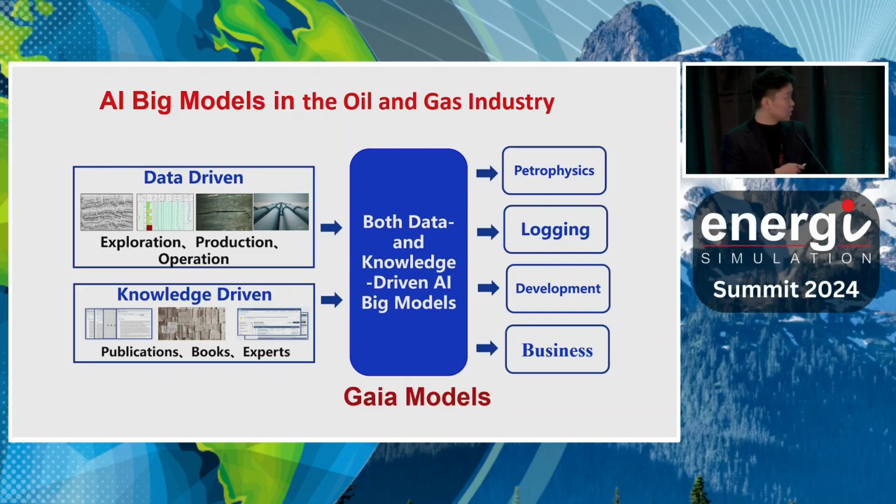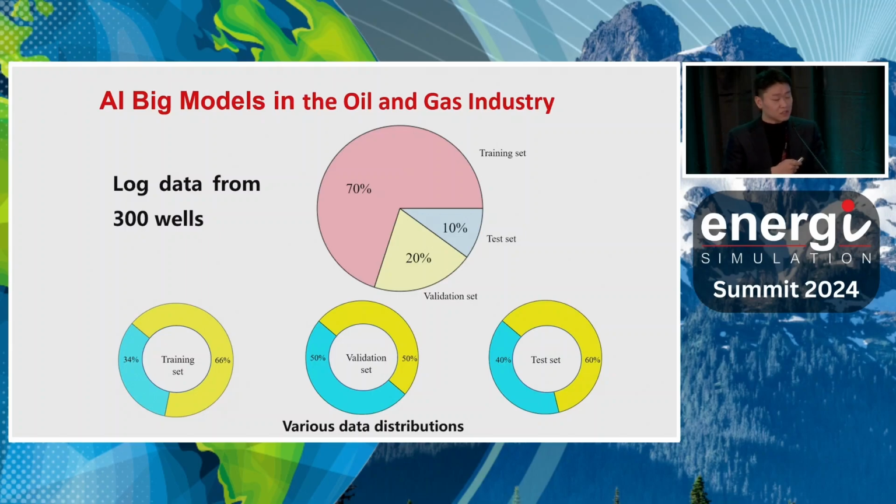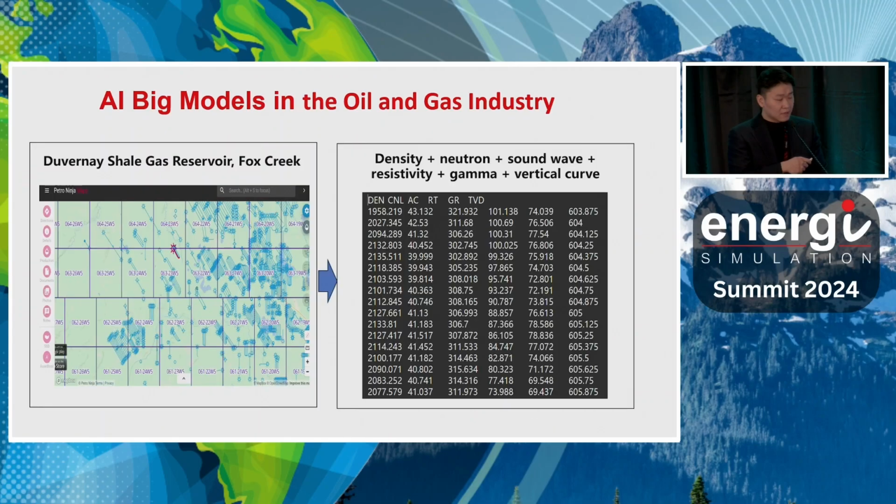First, we grab the log data from 300 wells, and by splitting them into training, testing, and validating sets, the model training and model testing will proceed. For example, part of the well log is from the Duvernay shale gas reservoir, and we translate the log data into density, neutron, sound wave, resistivity, gamma, and vertical curves, and use them for further model training and testing.